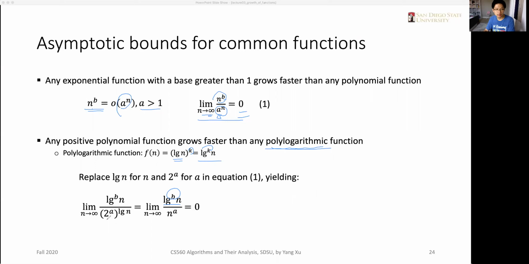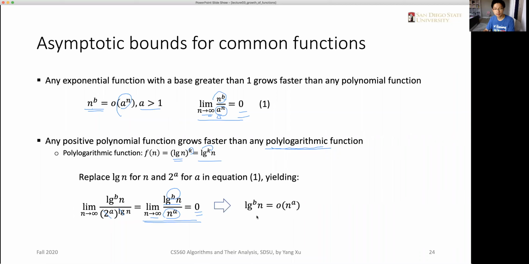And 2 to the power of a raised to the power of logarithm of n will eliminate the 2 and the logarithm term, which gives us n to the power of a. So it becomes clear that the ratio of the polylogarithmic term over a polynomial function will approach 0 if n is great. So our conclusion is proved.